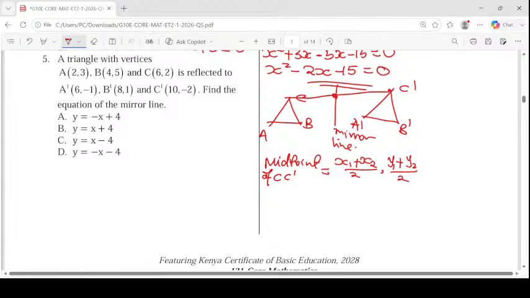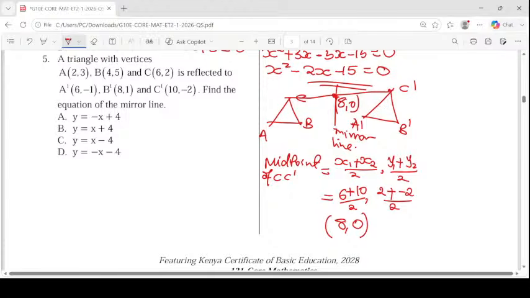So the x coordinate of C is 6, plus the x coordinate of C prime, which is 10, then you divide this by 2. Y coordinate of C is 2, plus the y coordinate of C prime, which is negative 2, then you divide this by 2. So 6 plus 10 is 16, divided by 2, you get 8. 2 plus negative 2 is 0, divided by 2 is 0. So this point is (8, 0).